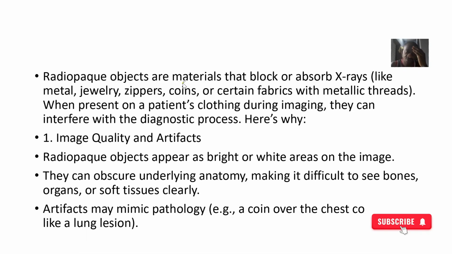For radio opaque objects, you are talking about objects that can block or absorb x-rays. Some common radio opaque objects that patients usually have on their body during imaging include metals, jewelries, zippers, coins, and certain fabrics that probably use metallic threads in them.